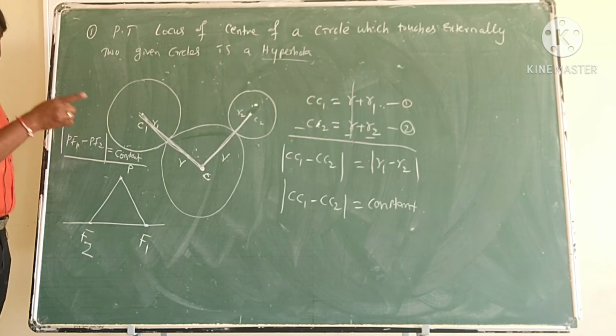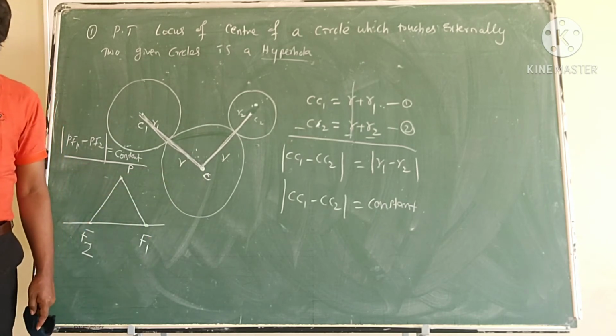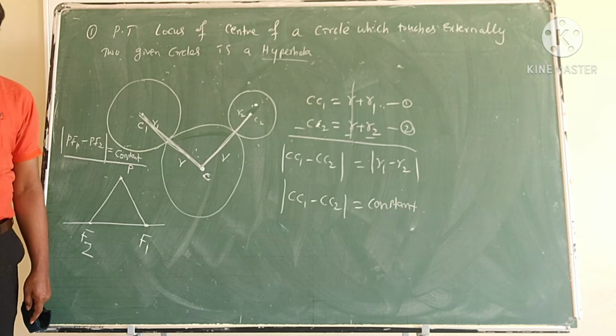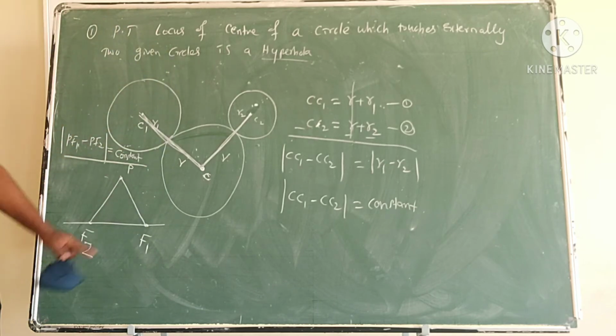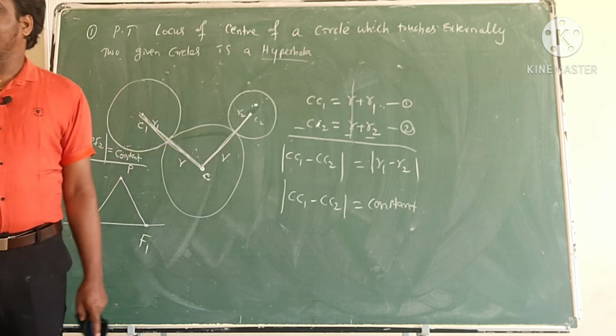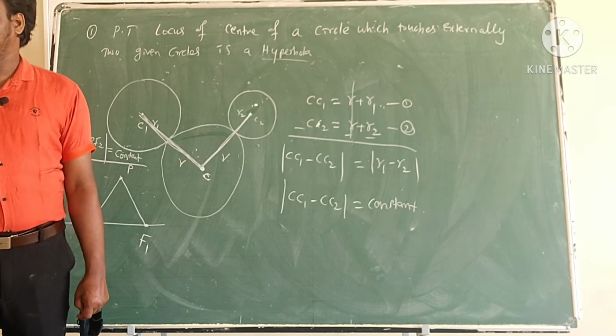So C1 and C2 are the foci and C is the movable point. So C forms the locus of a hyperbola. Hence proved: subtraction gives a constant, the difference of two things is a constant, so it is a hyperbola.